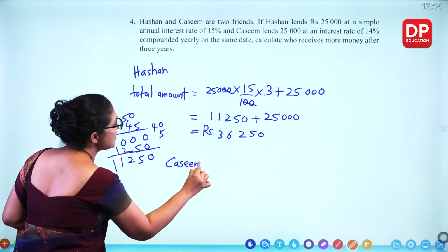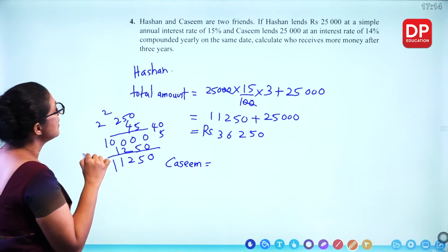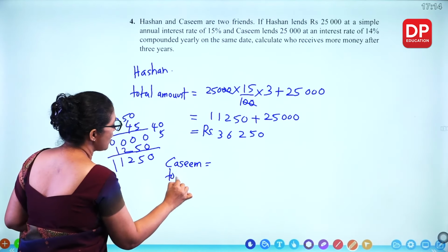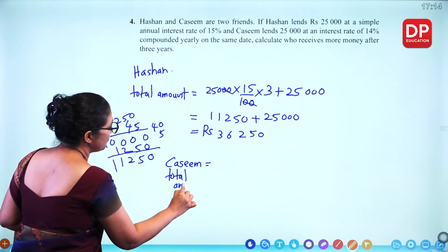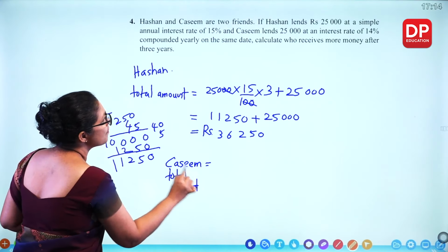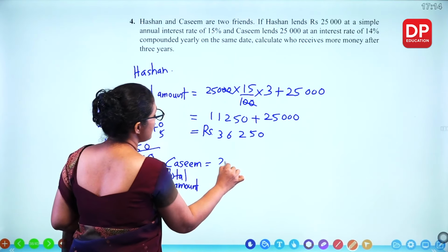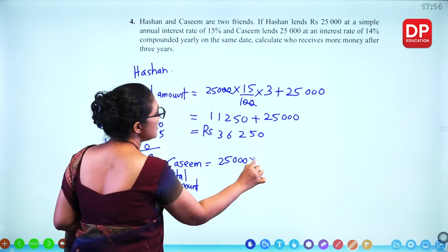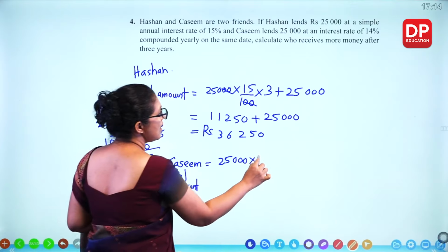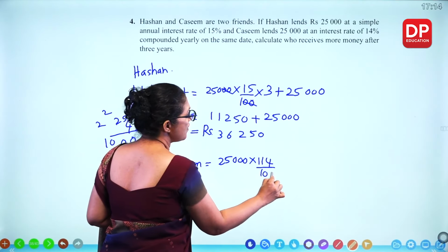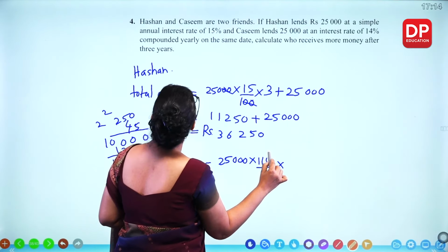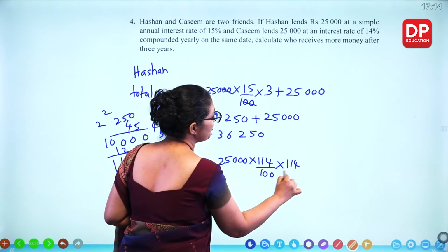Now we'll look at Kasim. Kasim, this is compound interest. So what's the total amount for Kasim? Compound interest, same amount, 25,000, 14%. 114 over 100 for 3 years.